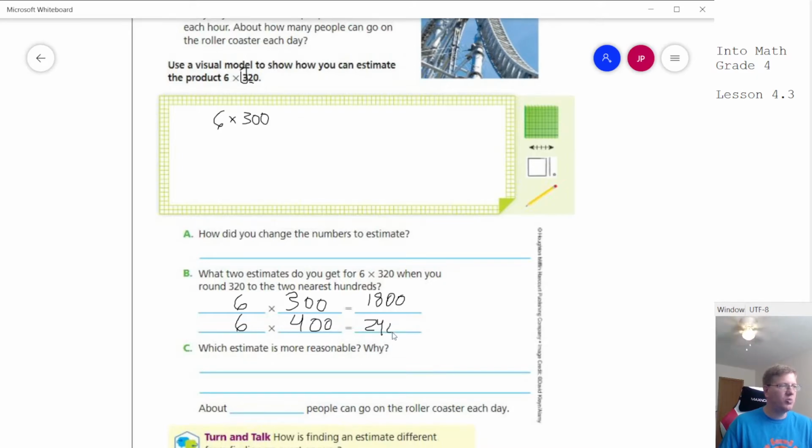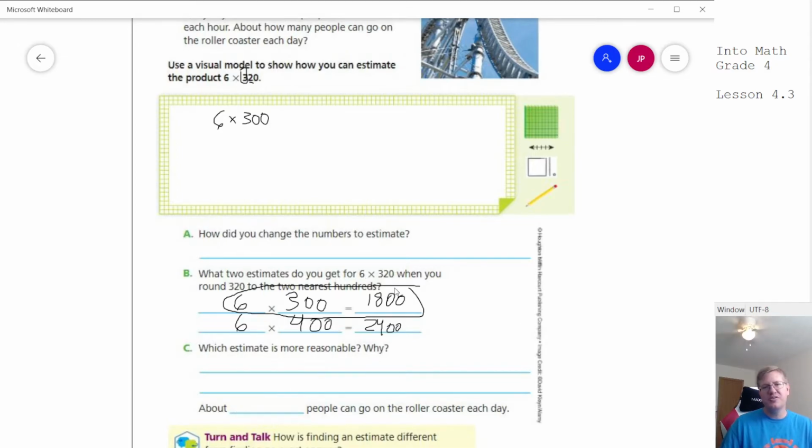Now, which one is more reasonable? Well, it depends. So for this one, because we have a number that's much closer to 300, we probably should take this particular estimate here. It would be more reasonable because it's closer to the actual answer.